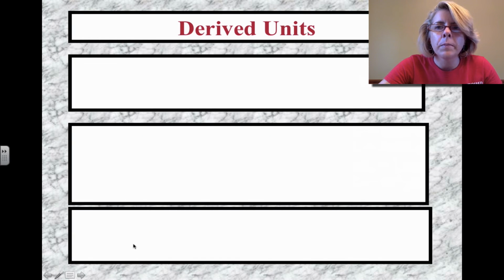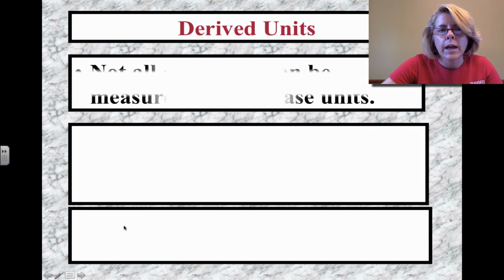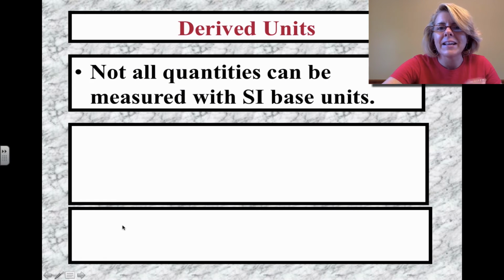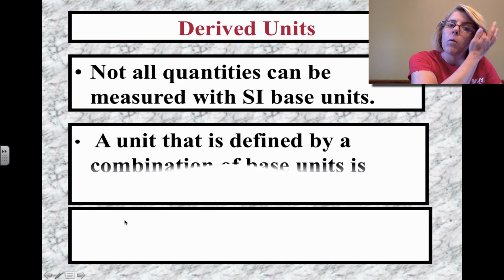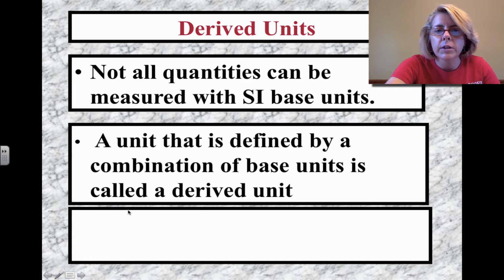Okay, now you might have noticed that there were certain units that were left off on that standardized unit sheet that I showed you. And the reason why is not all quantities can be measured with the base units. So what does that mean? Well, it means that you can take a combination of base units and create a derived unit.